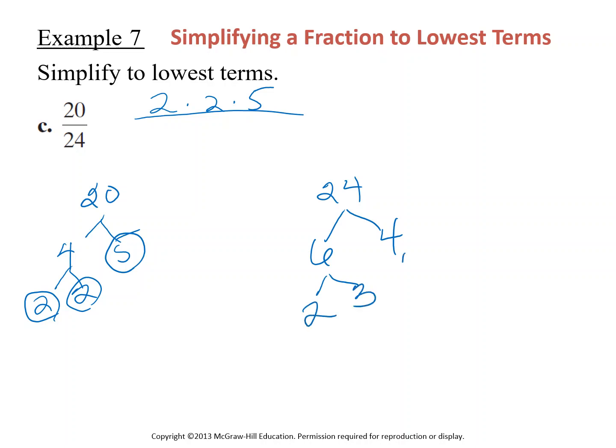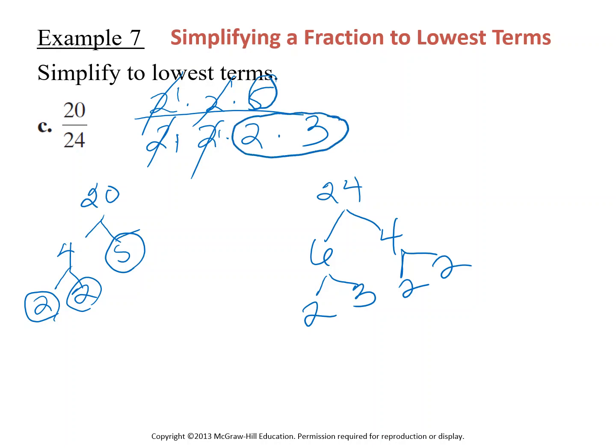That's 2 times 3, 2 times 2. So 2 times 2 times 2 times 3. Now, 2 divided by 2 is 1. 2 divided by 2 is 1. And I'm left in the numerator with 5, and multiplying the numbers in the denominator, my fraction reduces to 5/6.